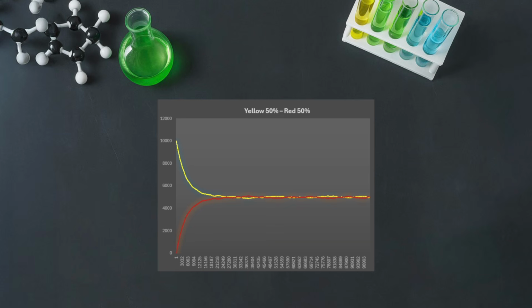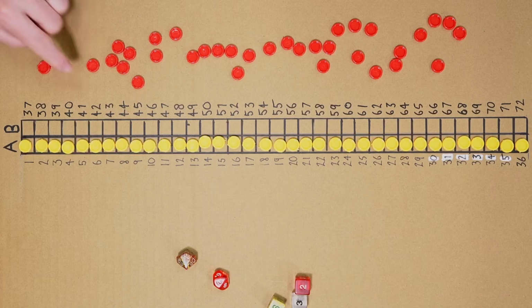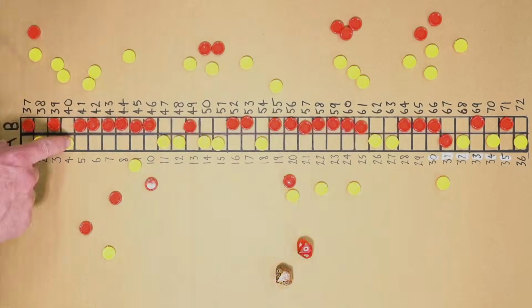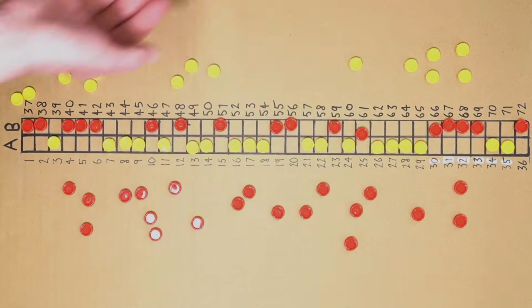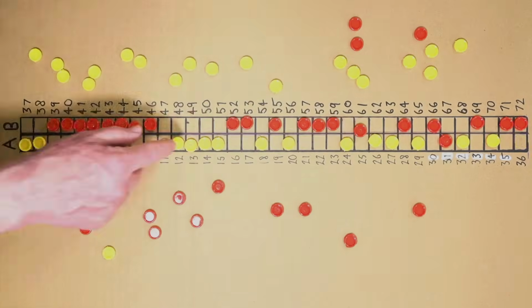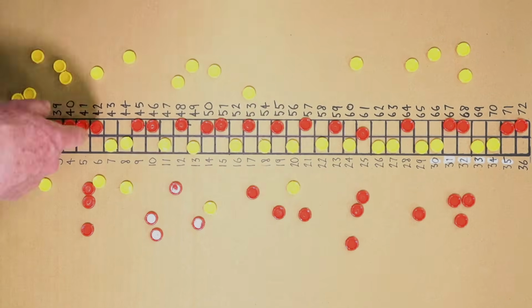The shape of this graph makes sense because when we start, all of the tokens are yellow. So yellow token is changing sides almost every turn. But as we lose yellow tokens, the chances of the dice picking yellow get steadily lower.